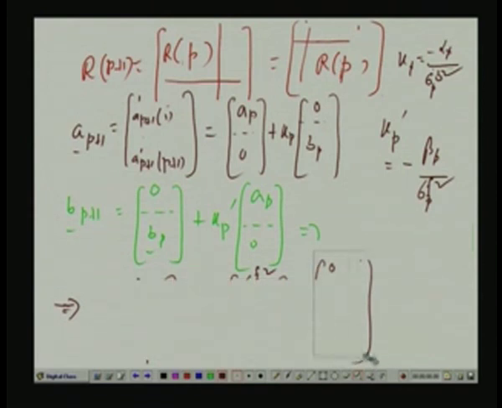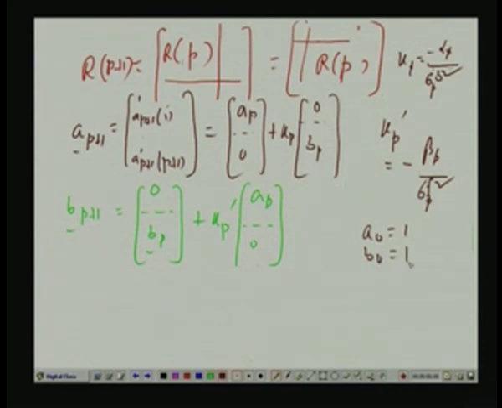Now, we erase this. We know the solution, we know what K_p and K_p prime are, the solutions are known to us. And how to start the recursion? Because I assume that A_p is known, B_p is known, and then found A_{p+1}, B_{p+1}. A_0 is obviously 1, B_0 is 1, because that is the topmost coefficient.